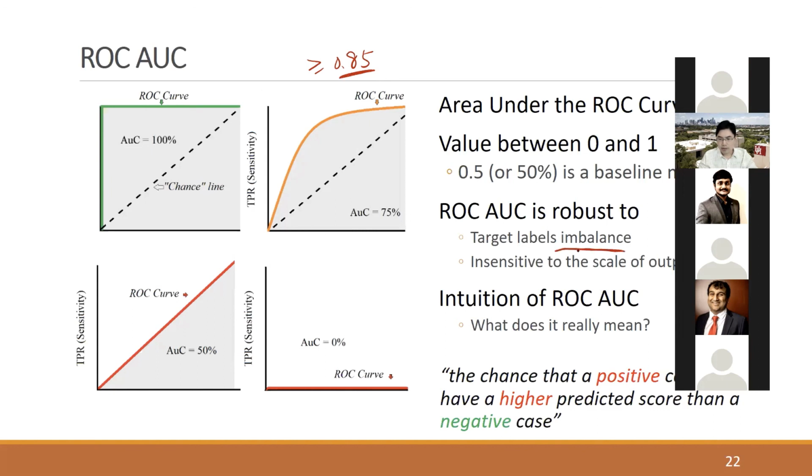You can compare AUC even when your problem faces the imbalanced label problem. It's also insensitive to the arbitrary scale of the output values of the model. So you can compare the results from neural networks with logistic regression.